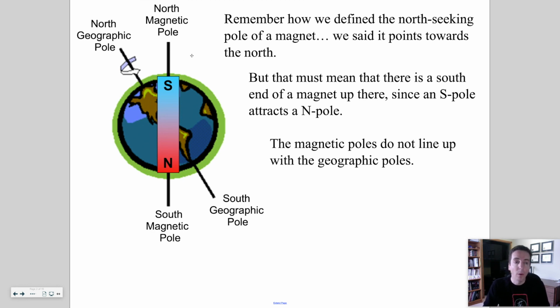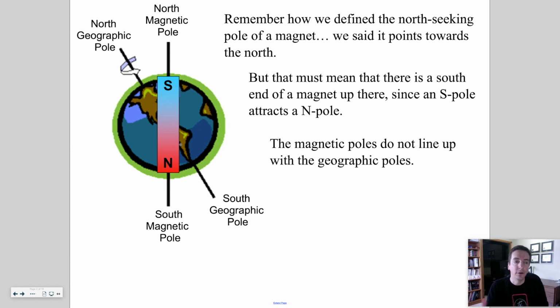So the poles that are attracted to this end of the Earth are labeled as north-seeking poles. If we model Earth's magnet as a big giant bar magnet, there must be a big S up there. The way I sometimes get my students to remember that is S for Santa, that's where Santa lives. So all the magnets on Earth point in that direction. They're attracted to that direction.